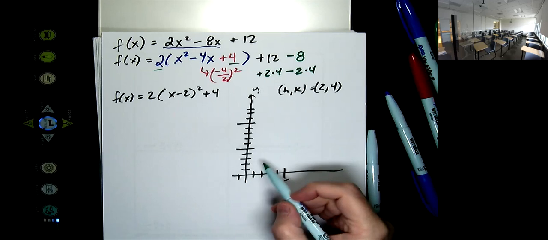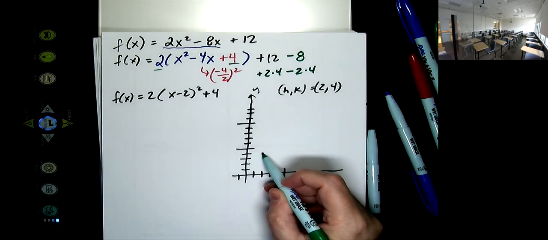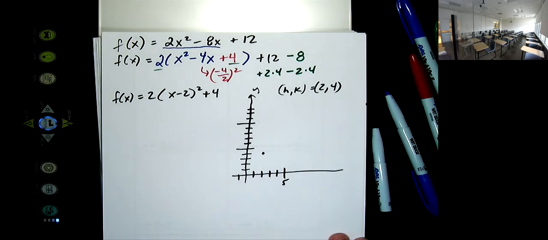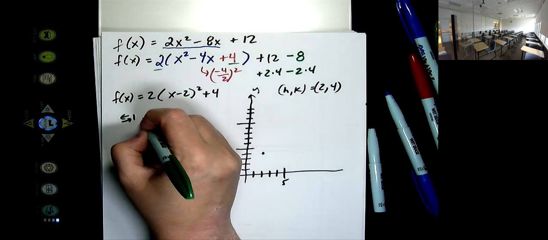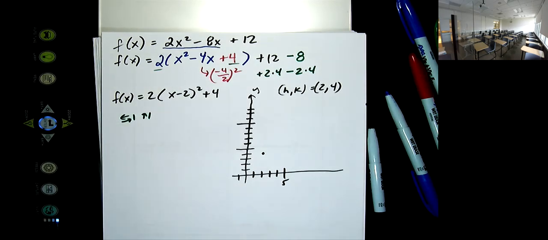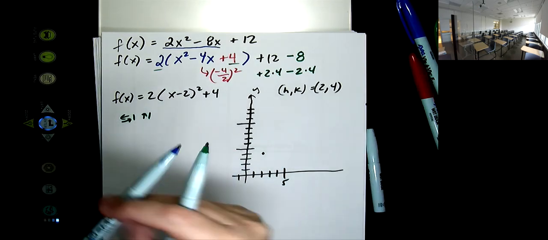My vertex is at 2, 4. But now rather than going left or right 1 and up 1, the up 1 is scaled by that 2.